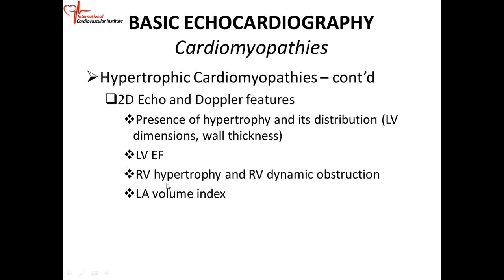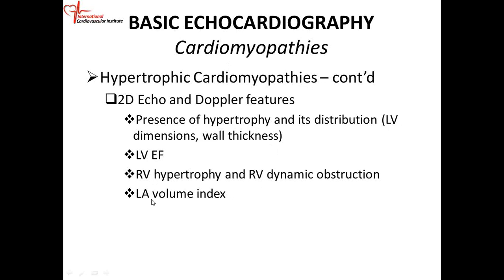You can look at the RV wall to see if there's RV hypertrophy, and you can check the RV function. Remember TAPSE. Remember, you can measure the RV thickening. The best view for that is either your subcostal or your parasternal long axis view. Anything greater than 5 millimeters or 0.5 centimeters suggests you have RV hypertrophy.